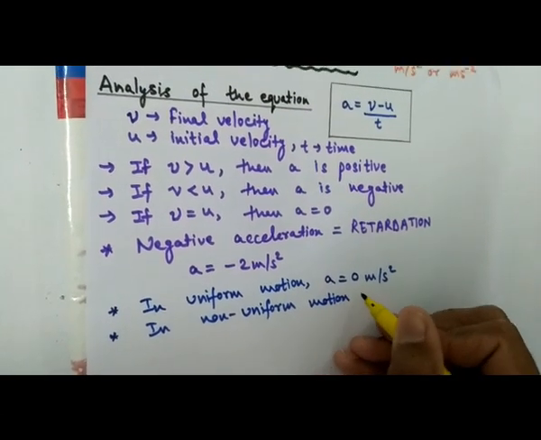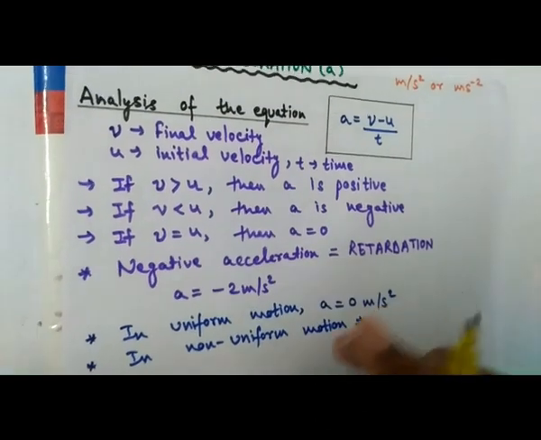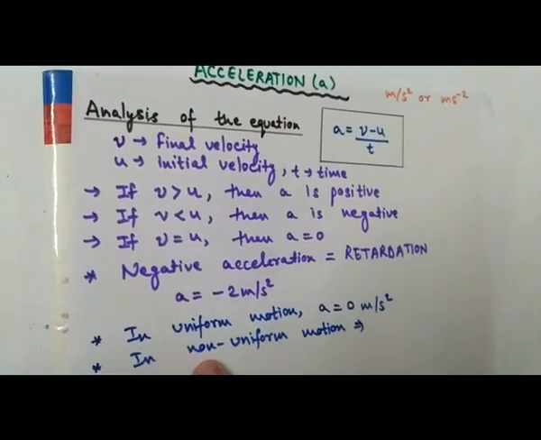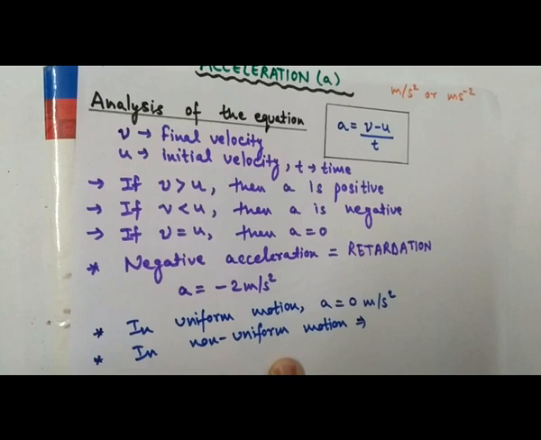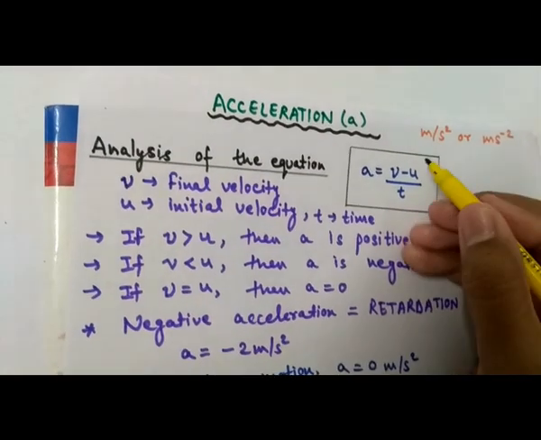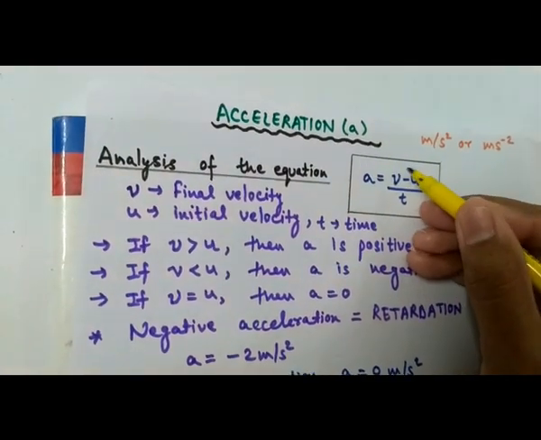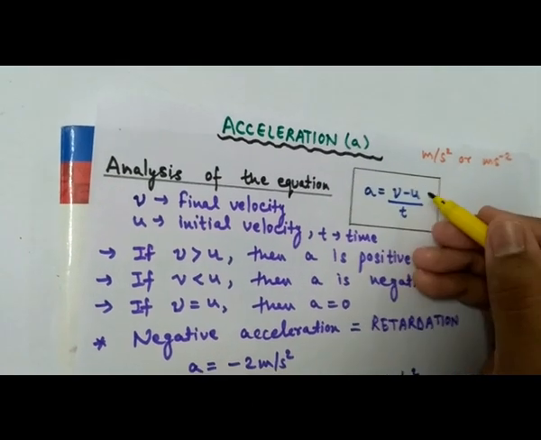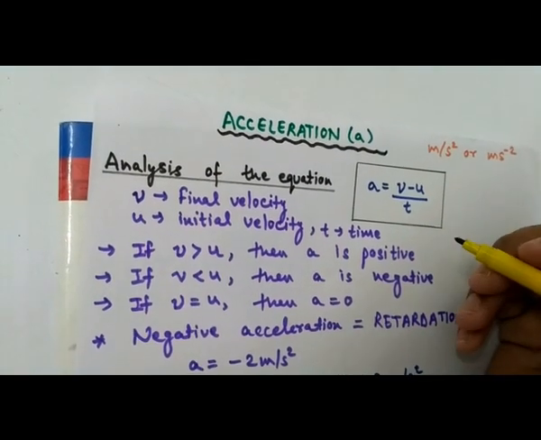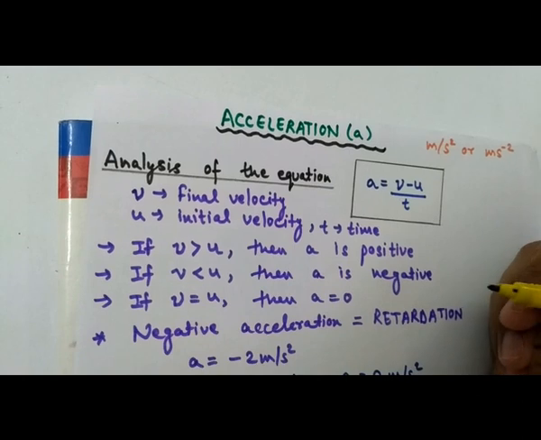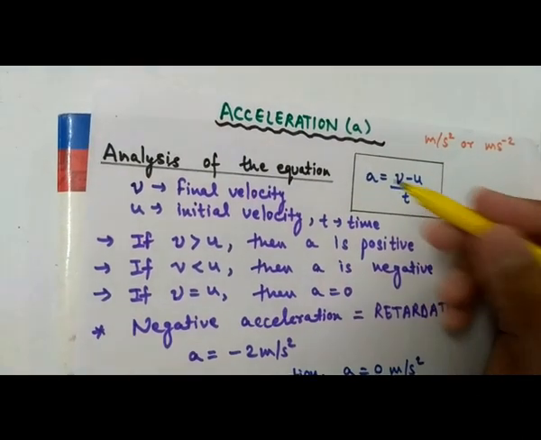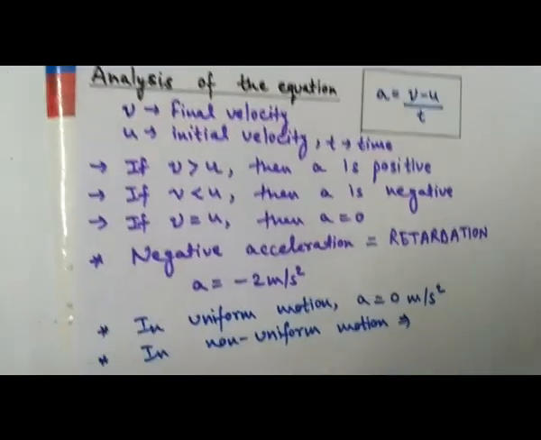In non-uniform motion, we know that there is change in the velocity, right? If there is change in the velocity, that means there will be a certain value of numerator also. And we have the value of time, so there will be a certain value of acceleration also.